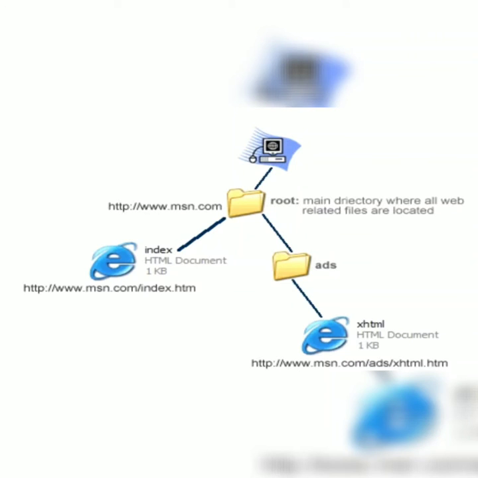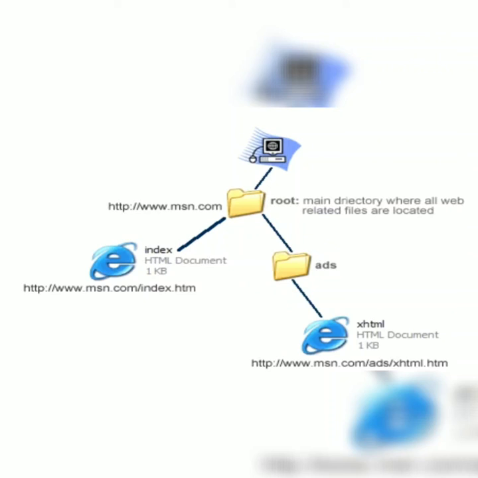There are many browsers available. When you open the browser, you will have some main directory. All the web related files are located in the main directory. The main directory is also called the root. Here the main directory is http://www.msn.com.